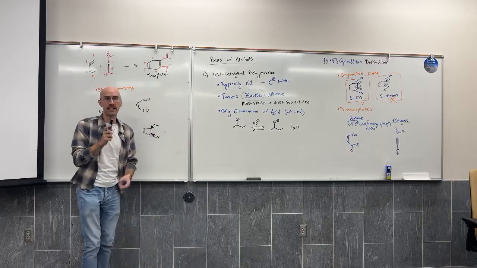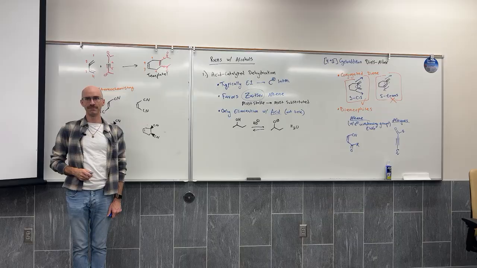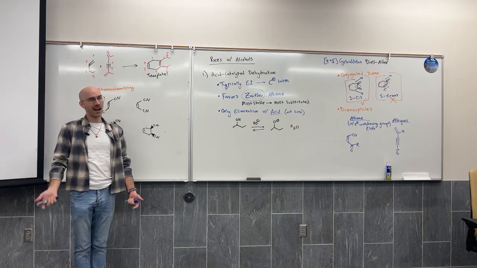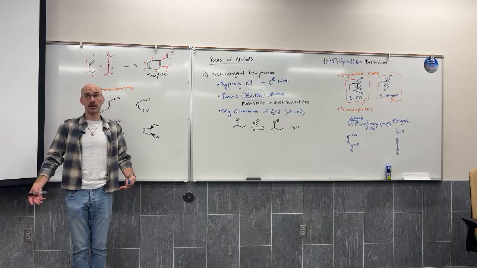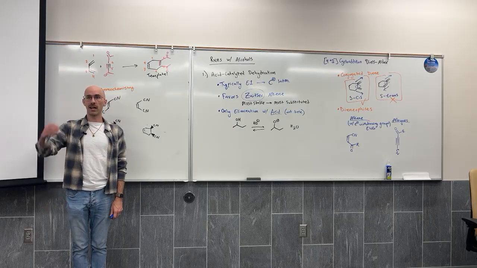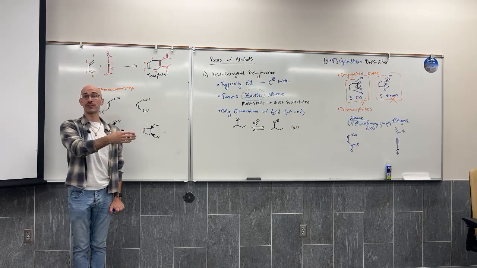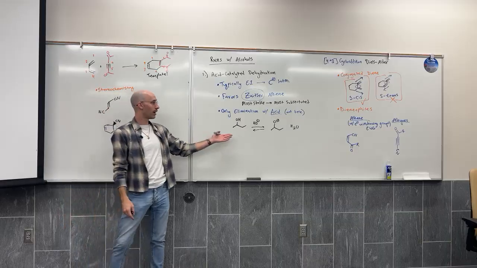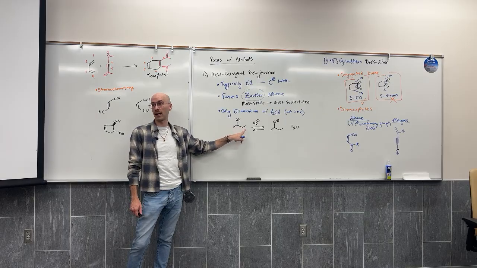If I introduce a base, will my base deprotonate a carbon, or will it deprotonate an oxygen? What's more acidic, a carbon with a hydrogen or an oxygen with a hydrogen? Our periodic trend says in the same row, the more electronegative atom is the more acidic. So introducing a base is just going to do acid-base chemistry with the alcohol. It's not going to do anything about stealing a beta hydrogen.